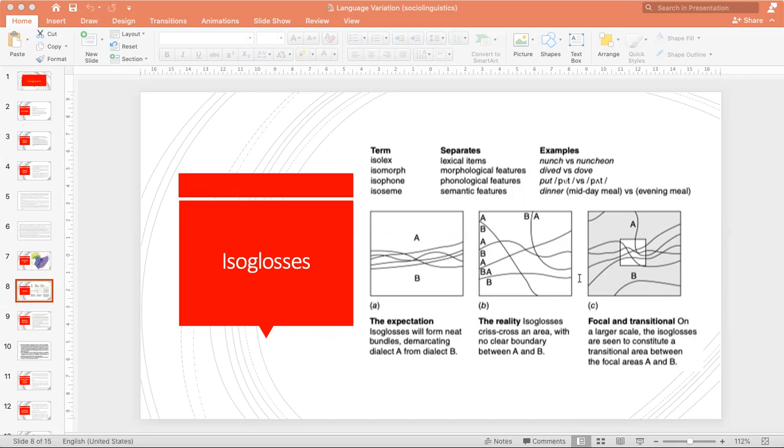They give us clearly demarcated dialect areas, shown in the figure, the map there, and also the boxes here. While the idea is that isoglosses coincide as in A, in reality, isoglosses may cross as in B. Some examples of how different features of dialects pattern can be seen in C.